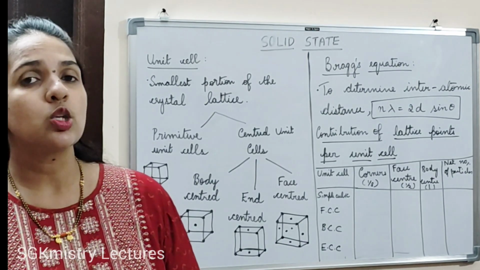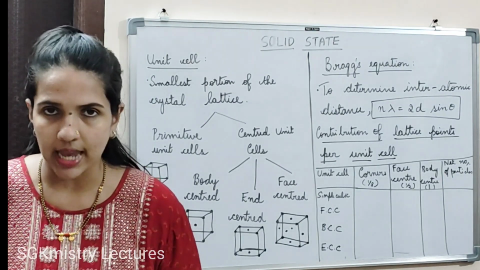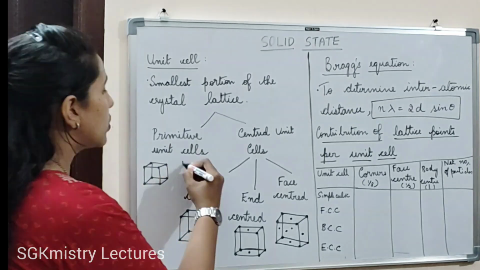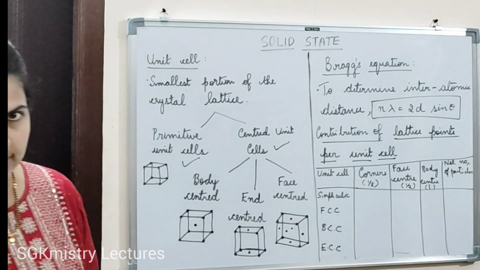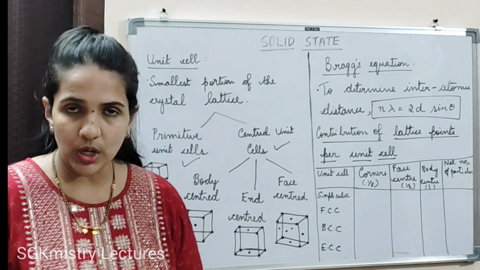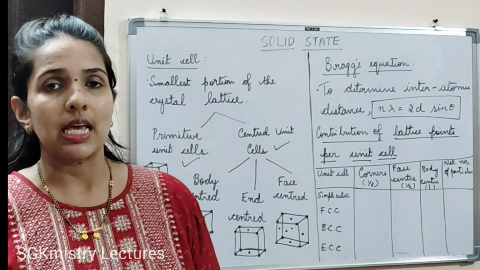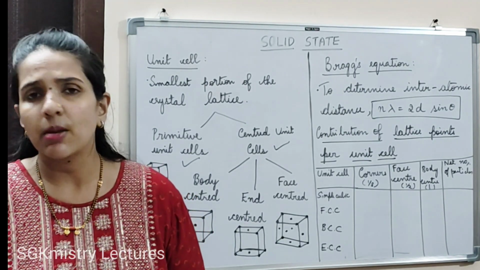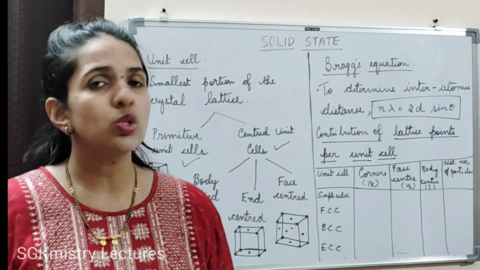Mainly these unit cells are of two important categories, primitive unit cells and centered unit cells. So what are primitive unit cells? In primitive unit cells, the particles can be anything, maybe ions, molecules or atoms.